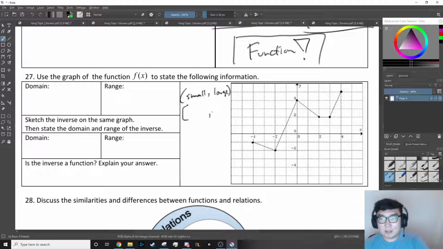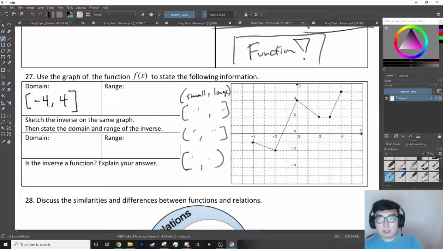It doesn't matter, but my small and large are still going to be the values inside. And I know that all of these are solid dots, right? So I'm going to use closed brackets only. My smallest value is -4, and my largest x value is 4.